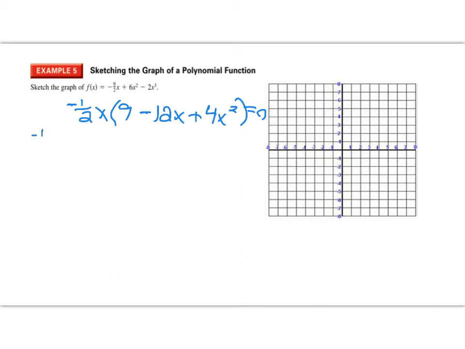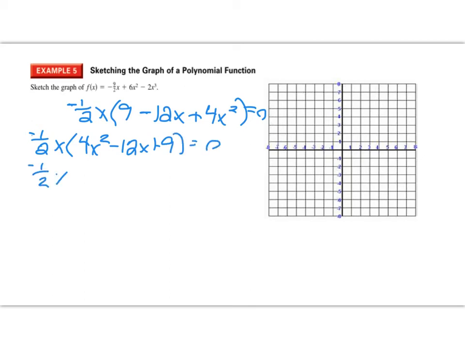So now I'm going to put everything in the correct order. So negative 1/2 x, and then it should be 4x squared minus 12x plus 9 equals 0.